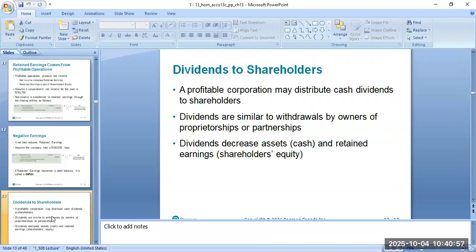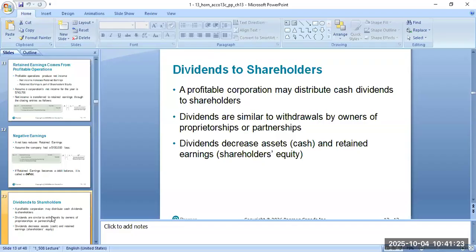The proprietor, the owner of the company, can easily go and get some money from the bank account and withdraw the money. In the corporation, that cannot happen because the shareholders don't have access to the bank account of the company. Remember, separate legal entity.